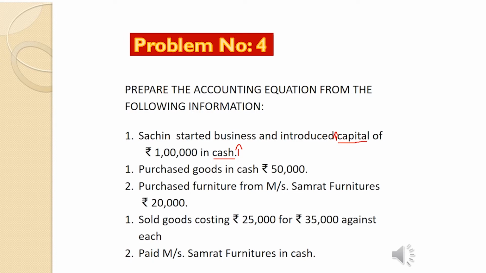Okay, so with the capital, because the capital introduced by the proprietor, so the amount of capital will increase. Cash, they are invested in the form of cash, so cash is also increased. The next transaction is purchased goods for cash.